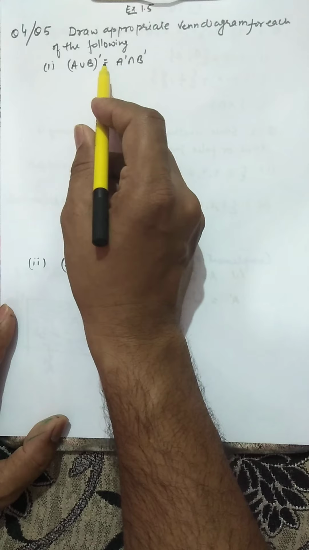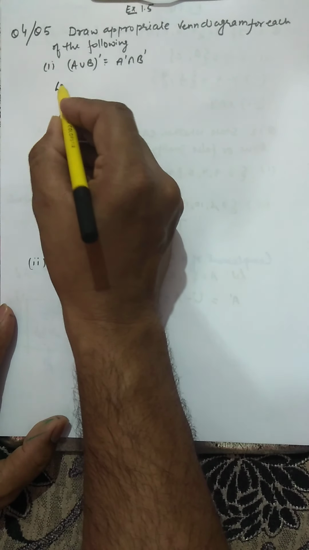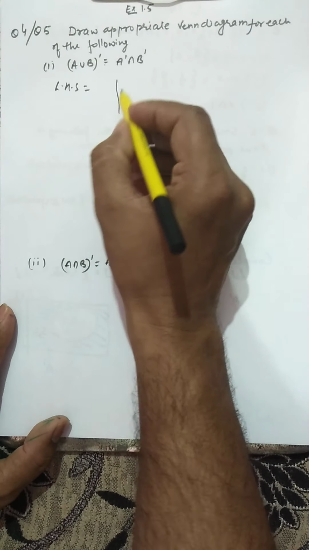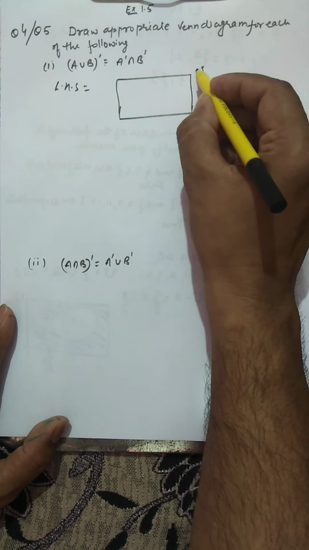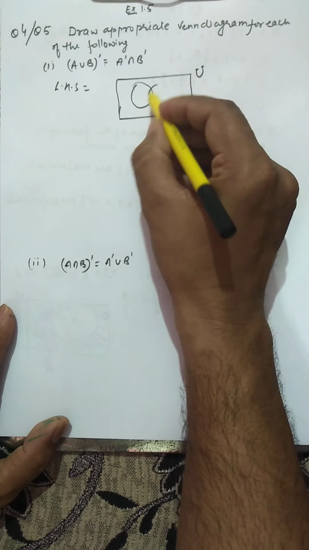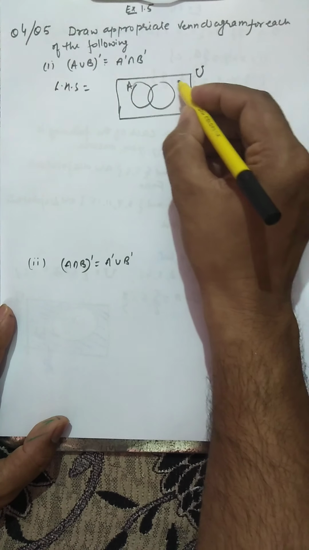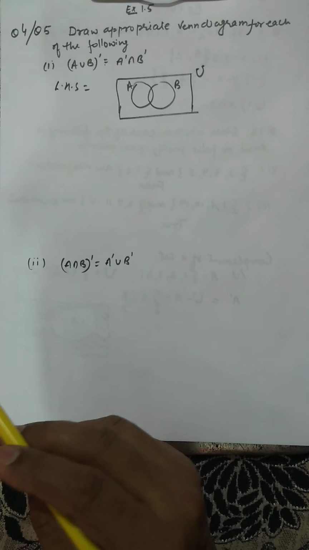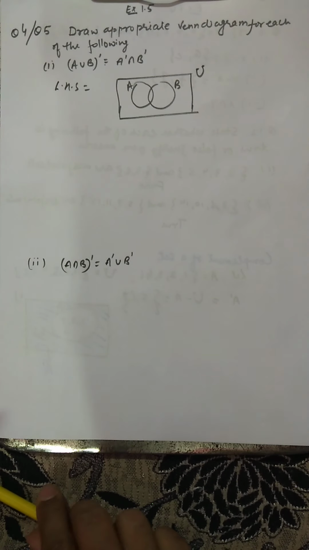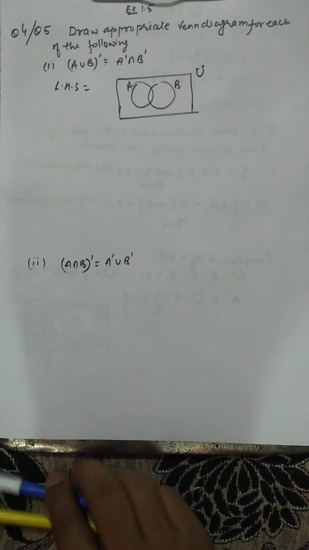So my (A union B) complement. I'll take my LHS. First I'll draw my Venn diagram. This is the universal set, and I'm taking A and B as joint sets. So for (A union B) complement, A union B means these complete sets.